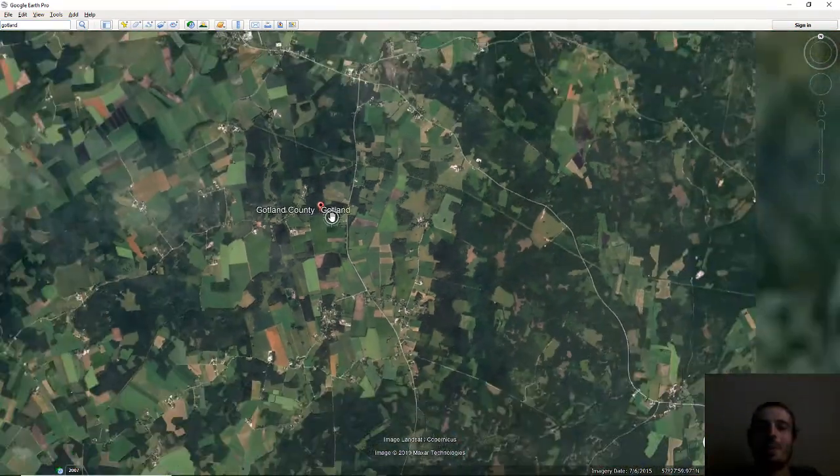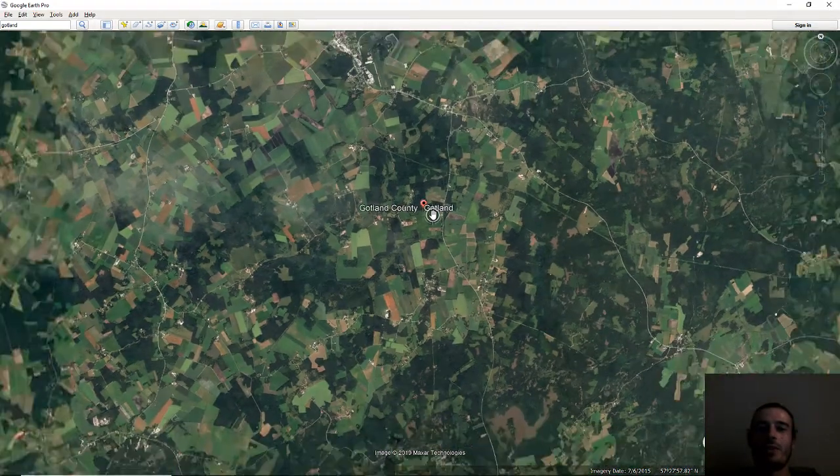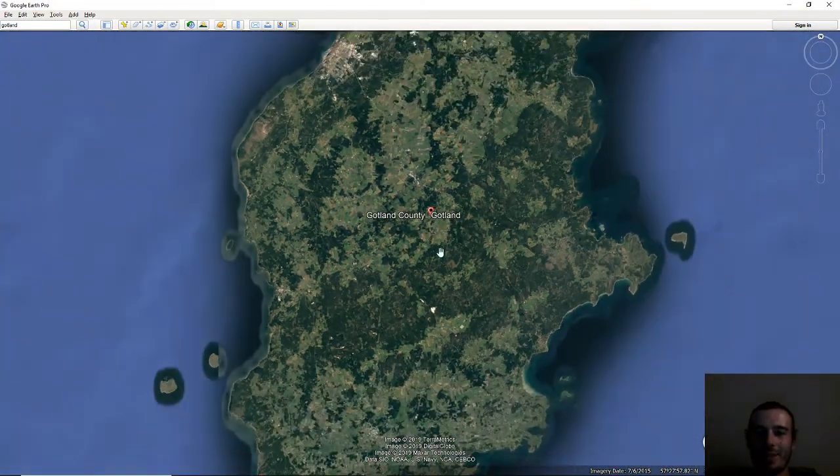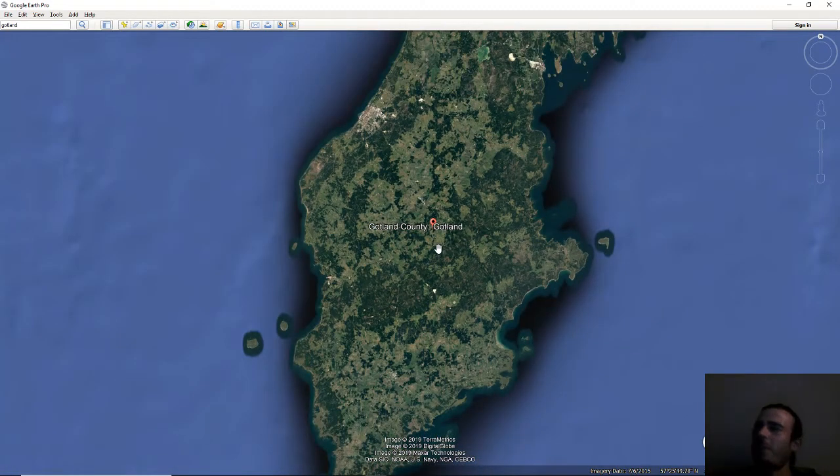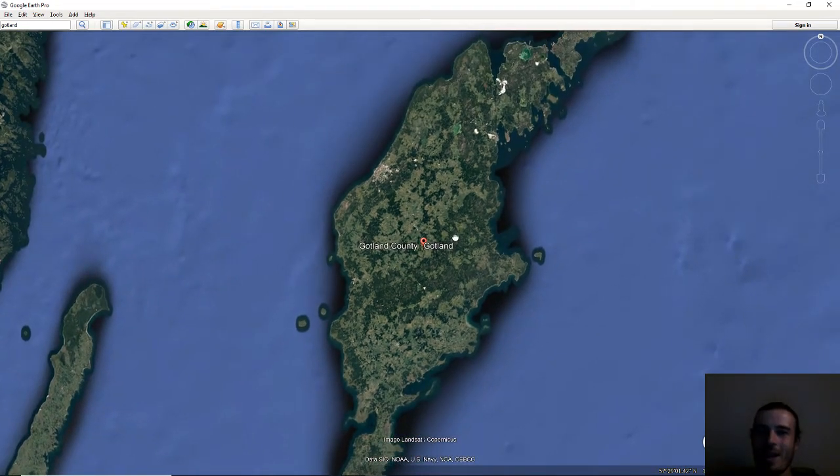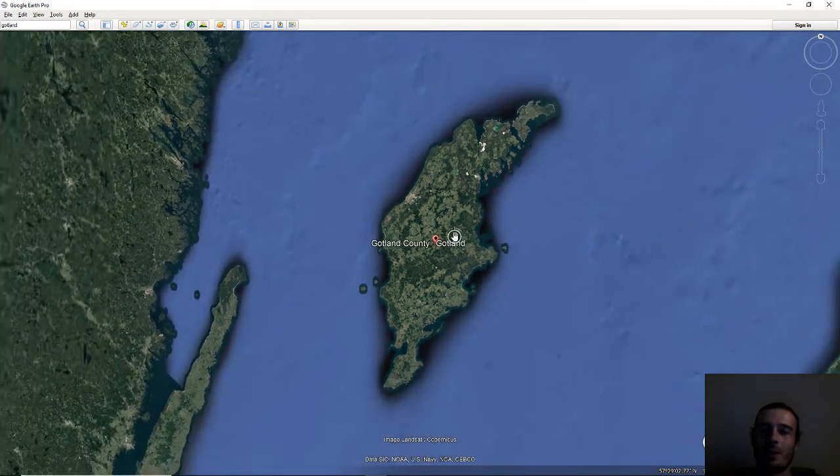So why is this important? If you read the Getica by Jordanes, and also about the barbarian origins by Nicolo Zeno, I think it was Nicolo Zeno that said this. After the Great Flood, Noah settled in this country, in this area, right? And this is where he had his 4 sons.